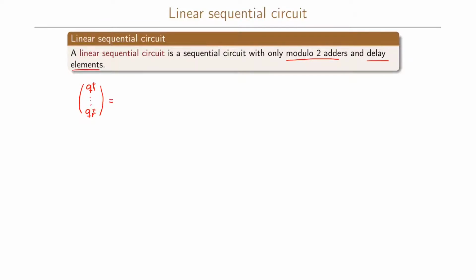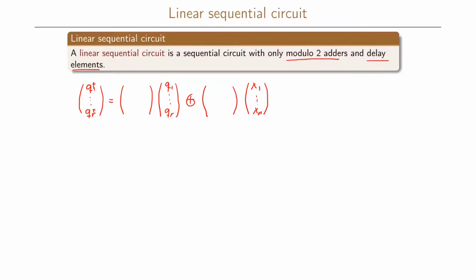This can be written as a matrix times the current state that we have here, plus another matrix times the input, which we call x1 to xn. This is a column vector for all the inputs.